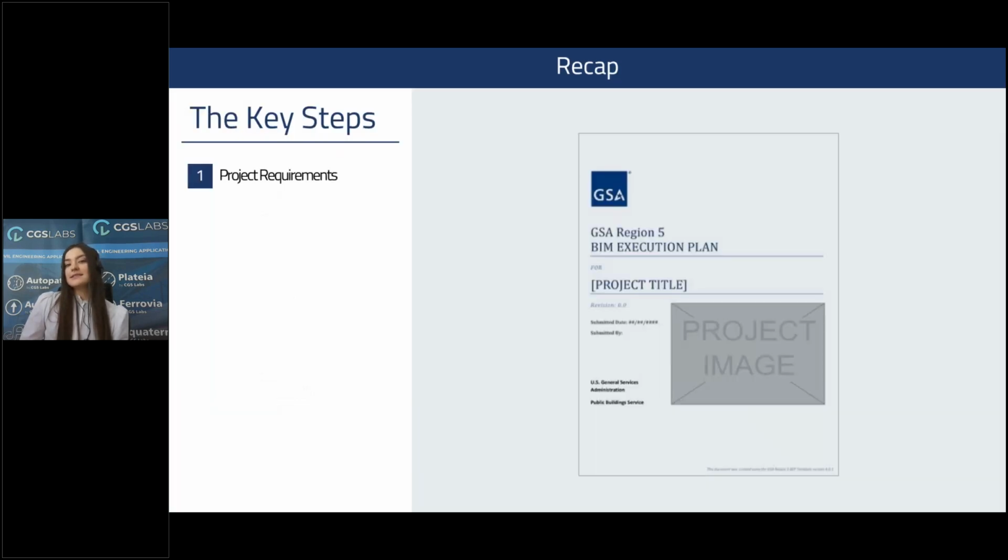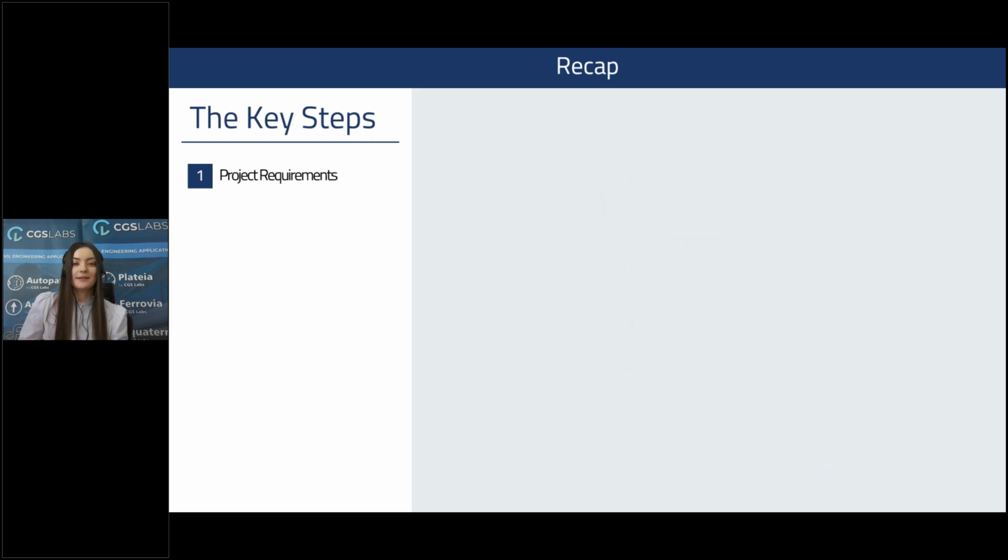So in today's lecture, you have already learned quite a bit. We introduced the BIM concept and went through the key steps to see what a designer needs to pay attention to in a BIM project. To recap, it all starts with defining the project requirements and goals. We also mentioned the importance of the BIM execution plan document for a successful BIM project.